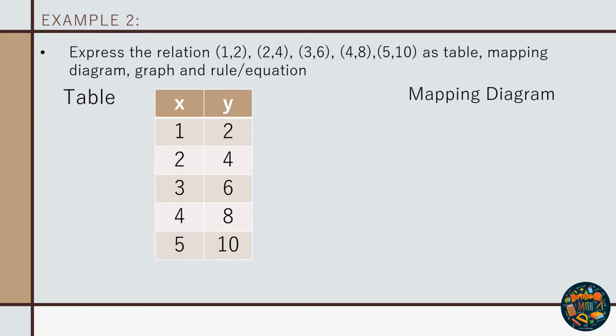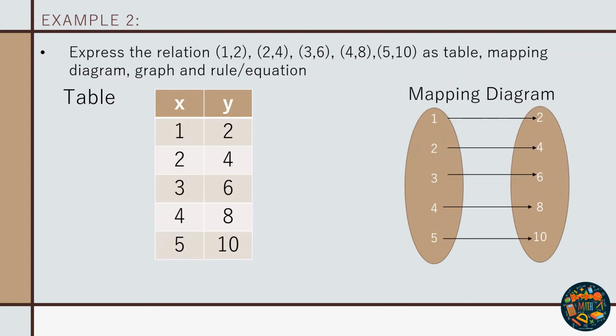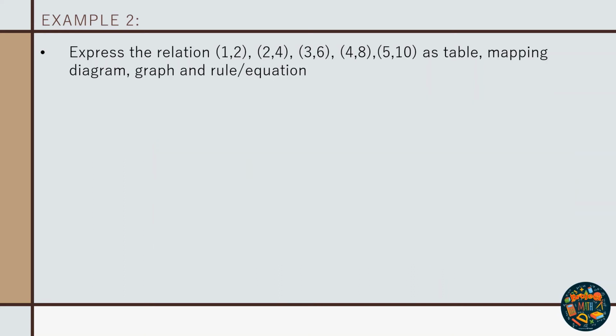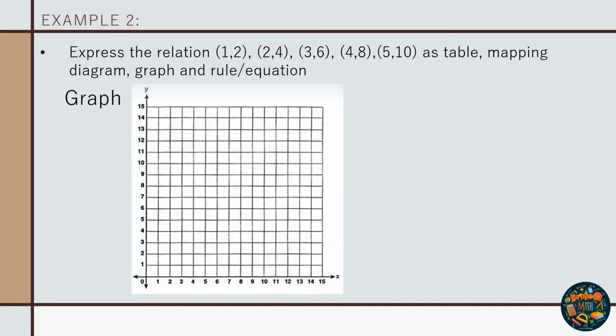Then we have in mapping diagram. Okay, so one-to-one correspondence ang mapping diagram natin. Then, we have there in the graph, so we will just plot the points. After plotting the points, then connect it with a line.